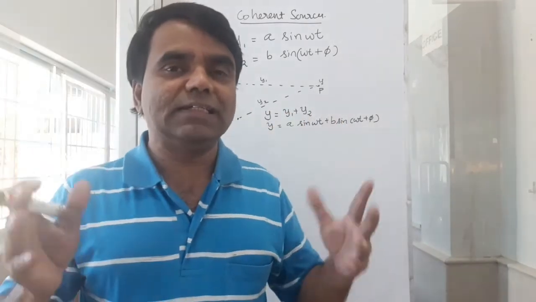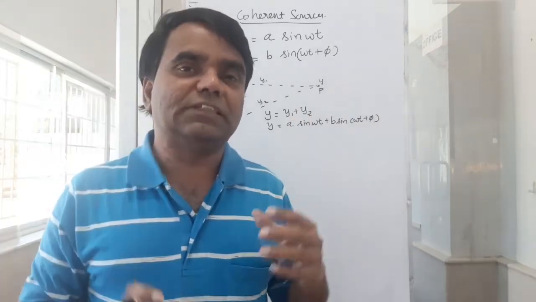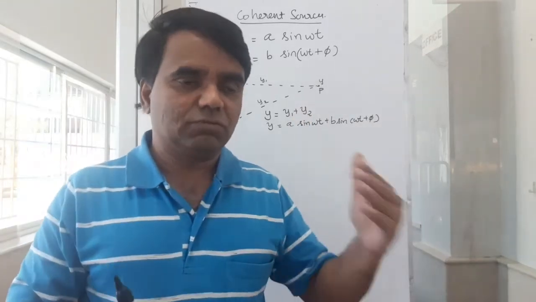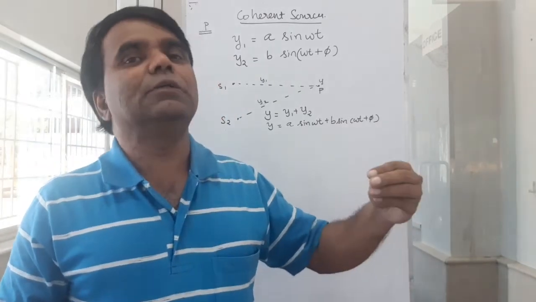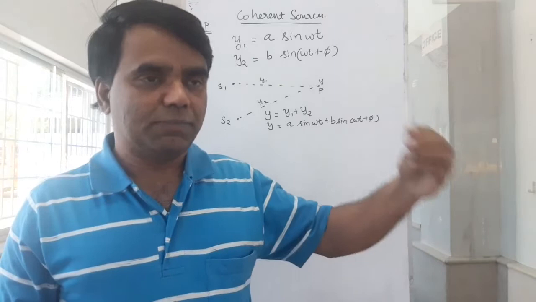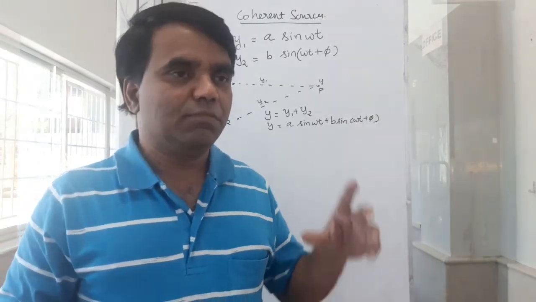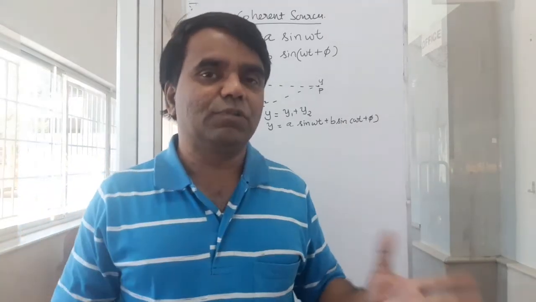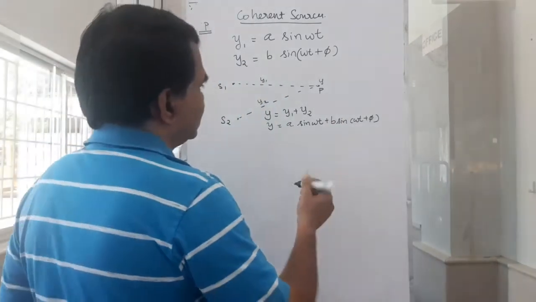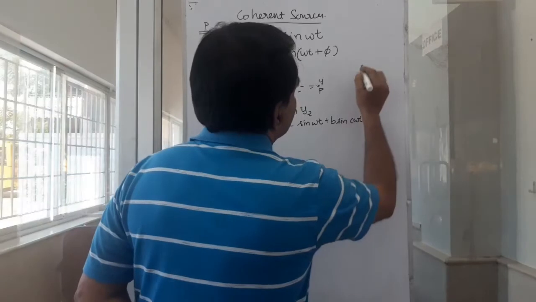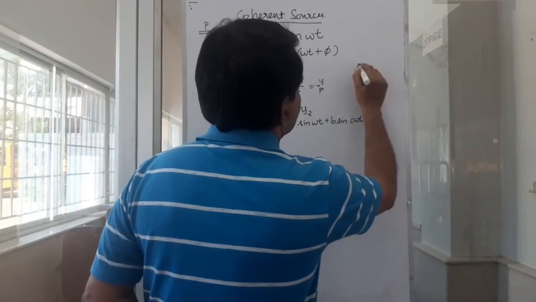So they were varying in phase. They were all changing with time. But how did we add them? We used a phasor diagram to add, right?